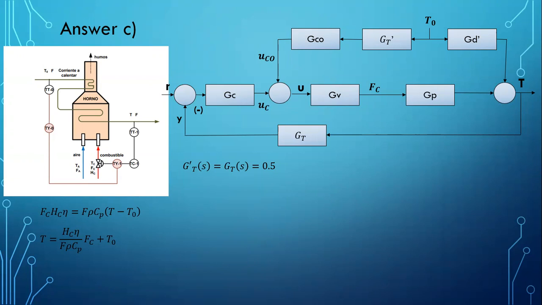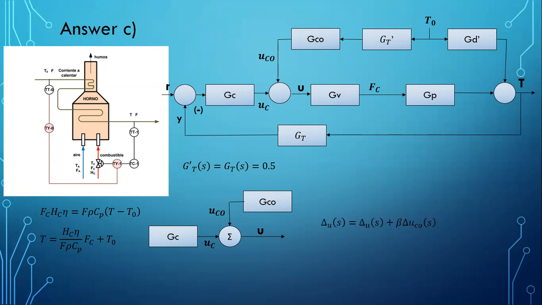In this case, they are linked through the energy balance, and we get the equation of T. Since the control variable is a combination of the other two, it is established that the action is linear and the signals must be related through a sum, GCO, with GC, and the new equation.